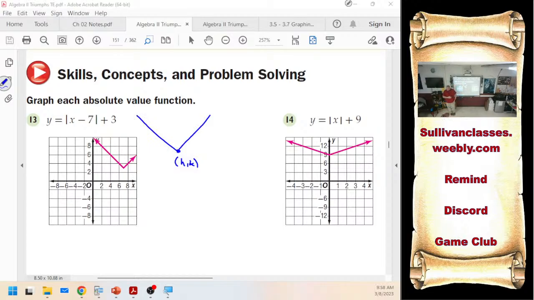What is the slope on the right-hand side of all these V's? Up 1 over 1, up 1 over 1, up 1 over 1. The slope on the left side just gets mirrored.